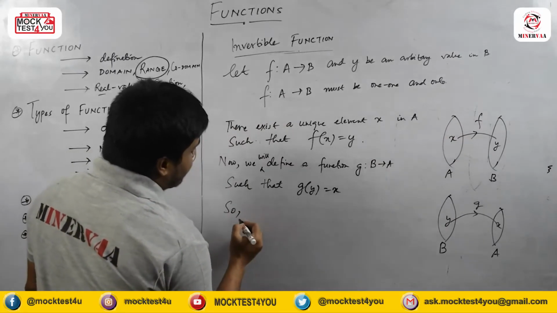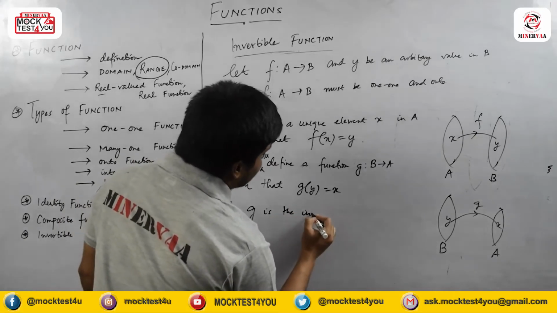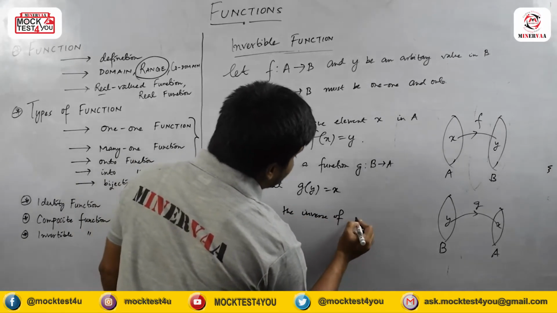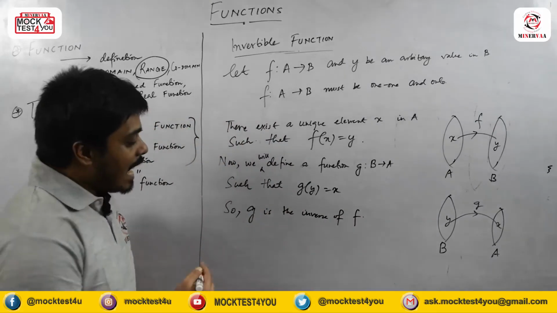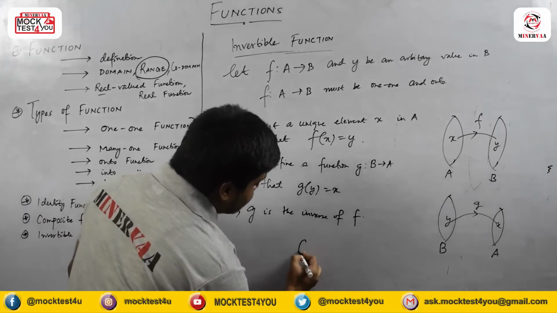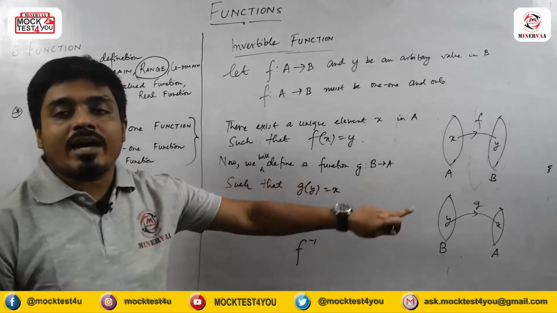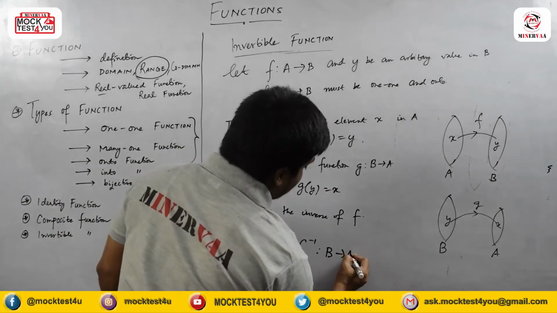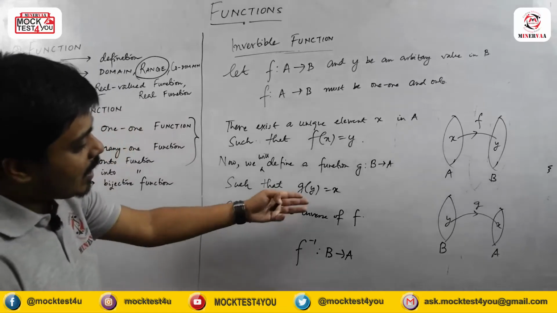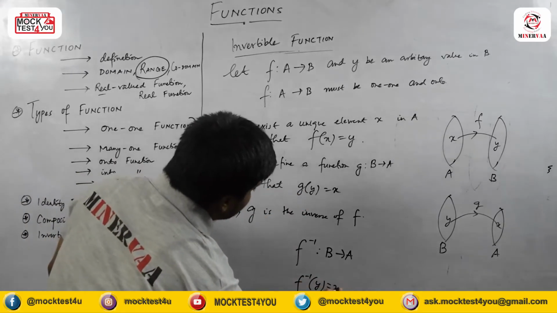So g is the inverse function of f, and it is denoted by f inverse. So if g is from b to a, in place of g I can write f inverse from b to a, or else we can write f inverse y is equal to x.